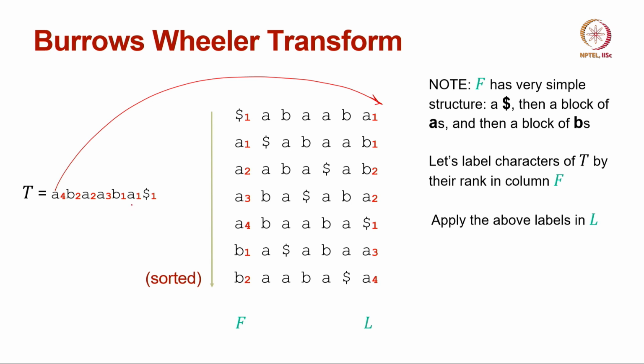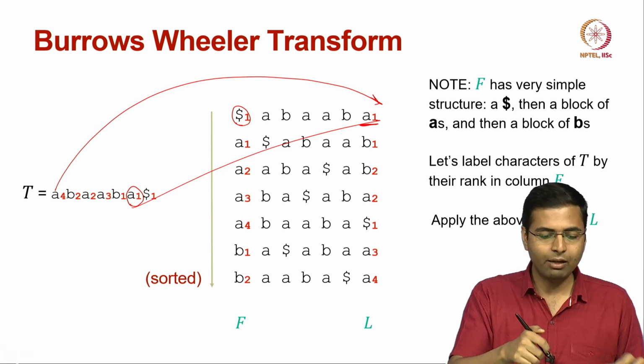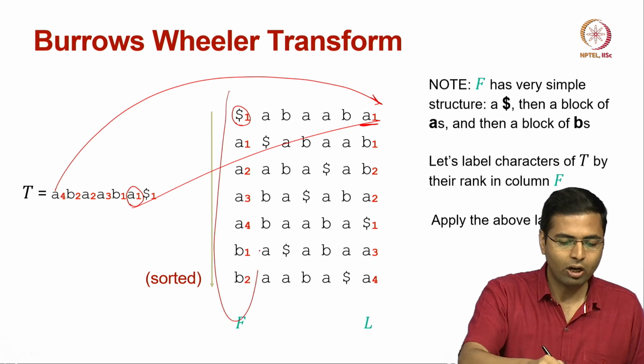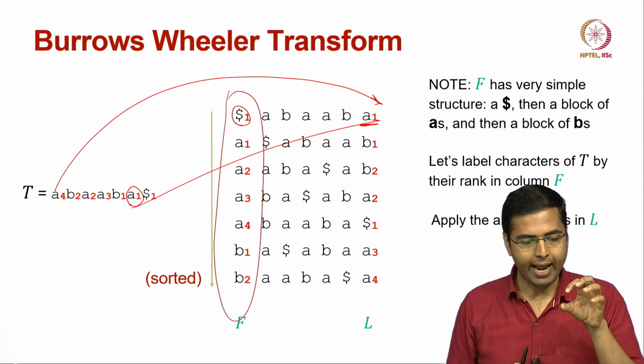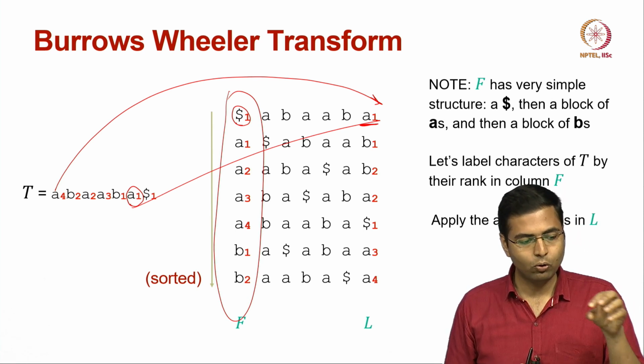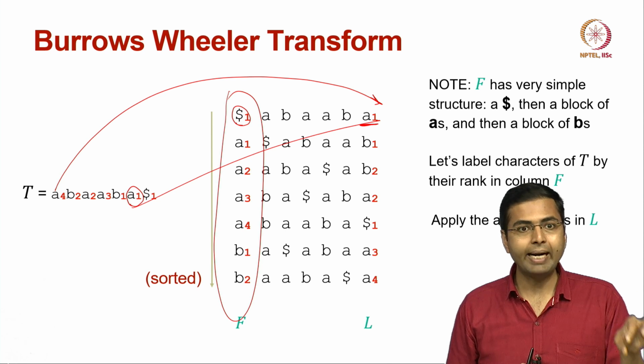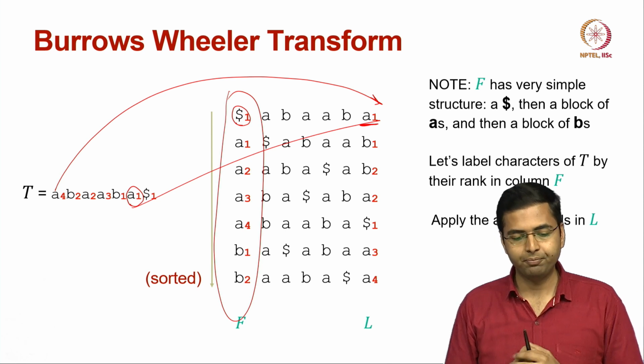For example, again the character A preceding the dollar symbol, the rank matches here. So these labels are now consistent, and they are defined based on their ranking in column F. Basically, we have applied these ranks as labels in text T and then we have also applied these labels to column L.